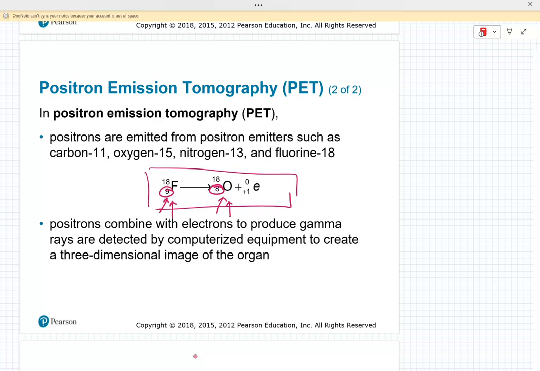So you need to go from 9 positive charges to 8 positive charges. Making sense? You need a positron because one of the protons, essentially what happens here, one of the protons is converted to a neutron. This is why mass number remains the same, plus a positron. Okay, good? Making sense?